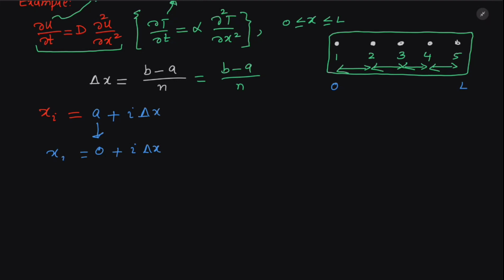Then you can create your mesh like this. For example, i equals 0 means x0, i equals 1 means delta x, and so on. And x_(n minus 1) is equal to (n minus 1) delta x. So these are the node points.